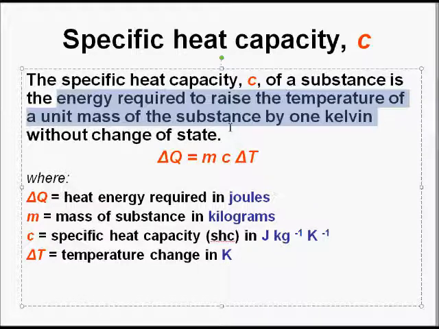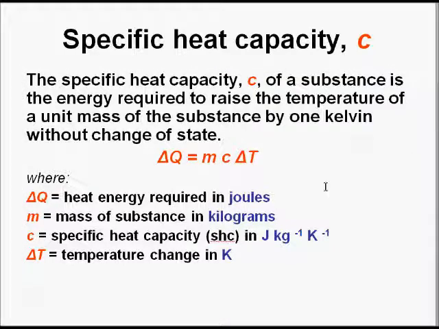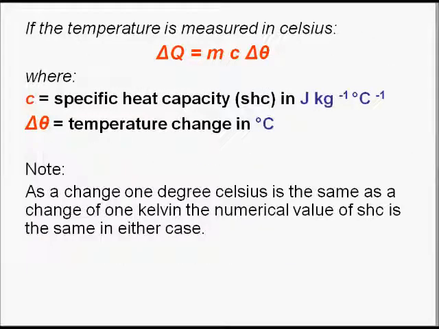So, if something's got a high specific heat capacity, it takes a lot of heat to raise 1 kilogram of it by 1 degree temperature. If it's got a low specific heat capacity, it does not take much heat in order to increase its temperature by 1 degree Celsius for 1 kilogram of that thing.